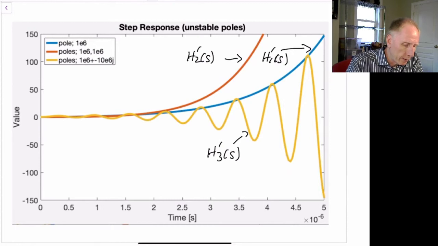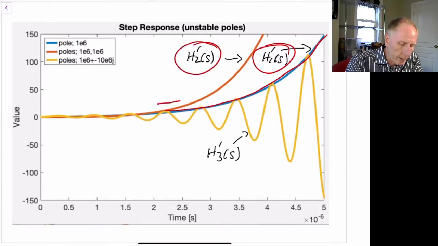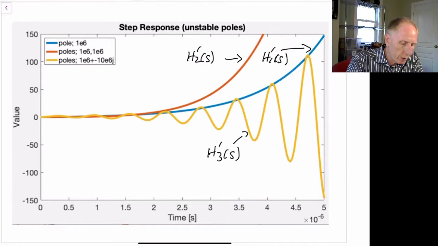So we can see that H1, just shown here, is now growing forward in time, and it will grow towards infinity. H2 grows even quicker because it has two poles at the same location in the right half plane. It's growing even faster than H1. And finally we have H3, which is ringing again and having the amplitude growing at the same rate as H1.